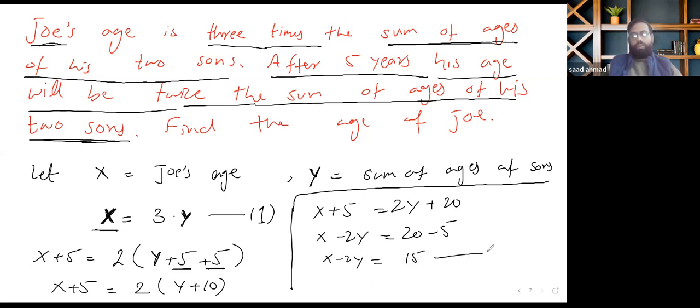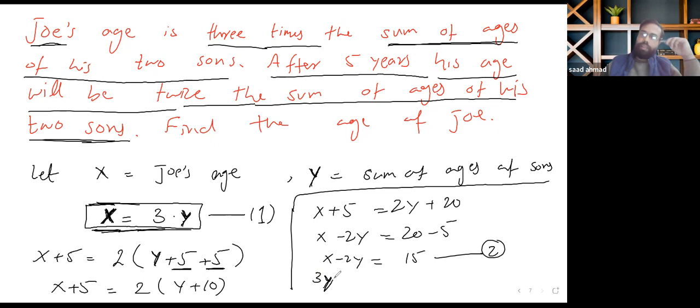Okay, now we have two equations, equation 1 and equation 2. Equation 1 tells us that x is equal to 3y. So we substitute x by 3y.